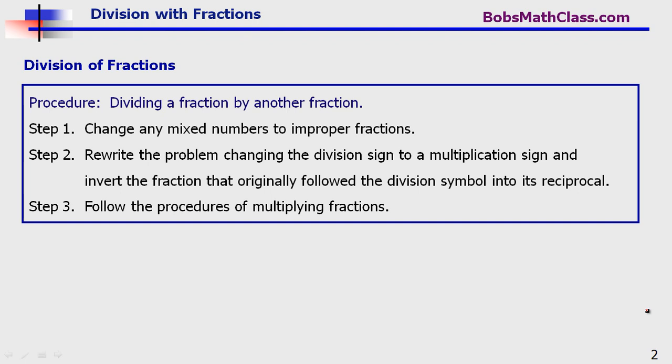So we're going to change division to multiplication, and then we're going to flip the second fraction. And then we're right back to multiplying. Follow the procedures of multiplying fractions.